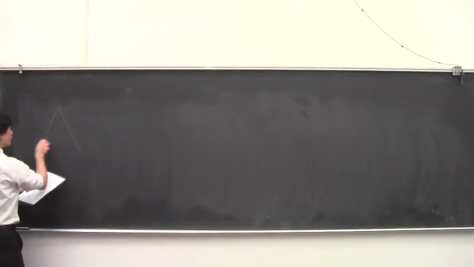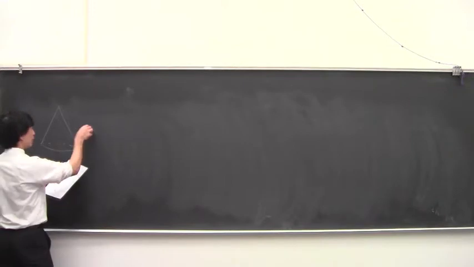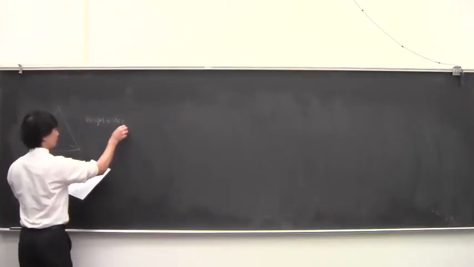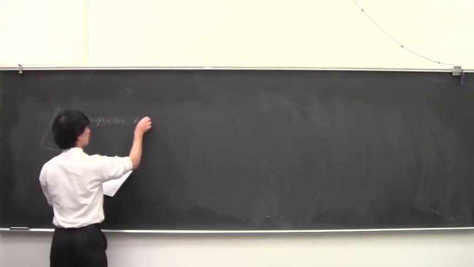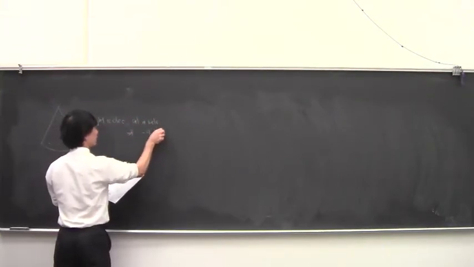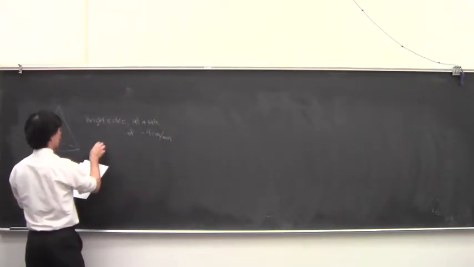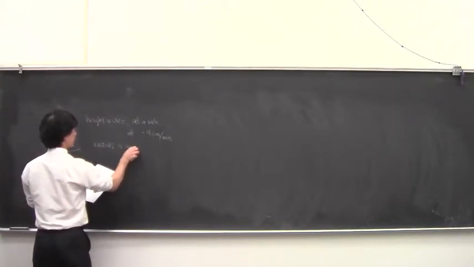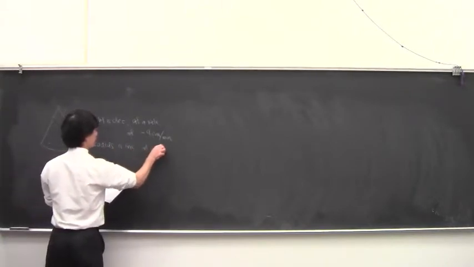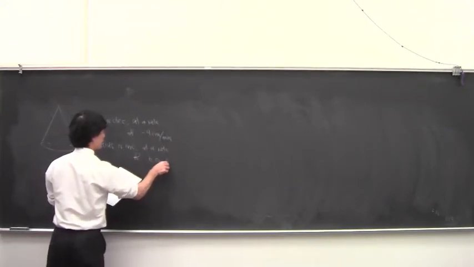So you have a cone. I'll let you do this one. You have a cone whose height is decreasing at a rate of -4 centimeters per minute. And further, you have that its radius is increasing at a rate of 6 centimeters per minute.